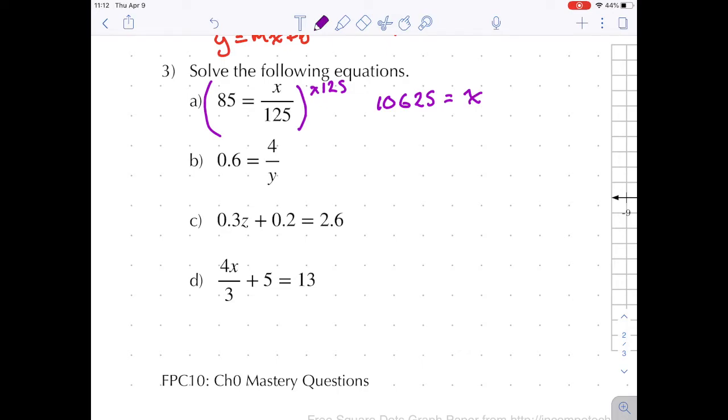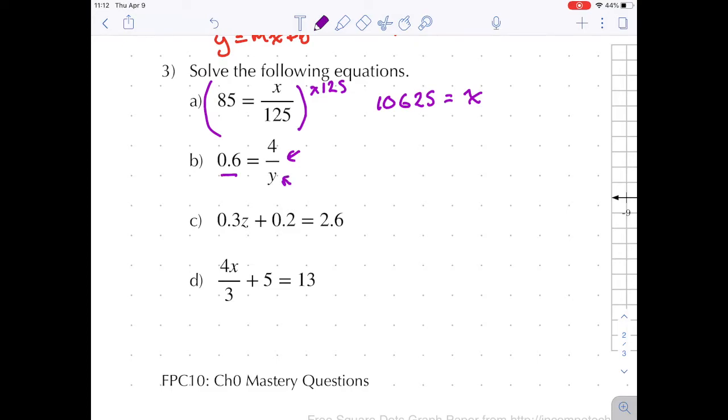It's a simple equation to solve. To check it, I do 10,625 divided by 125, and I get 85. It works out. In letter B, we have a number is equal to a fraction, where our variable is in the denominator.